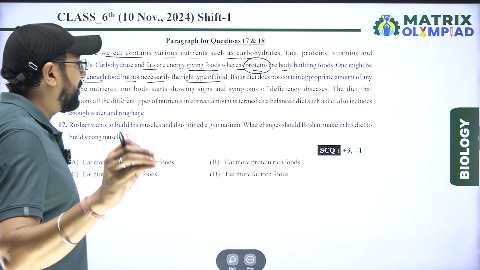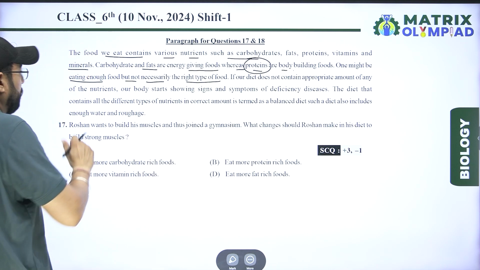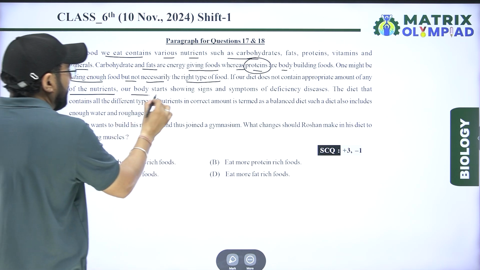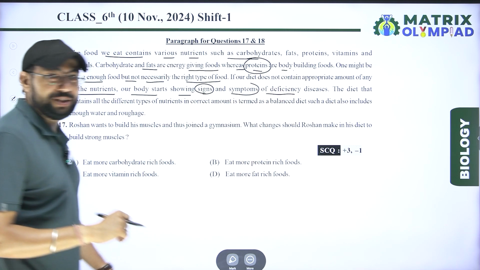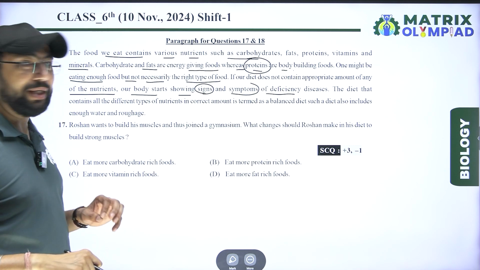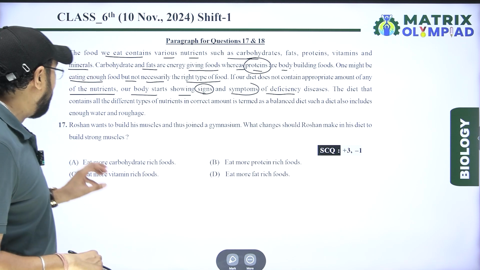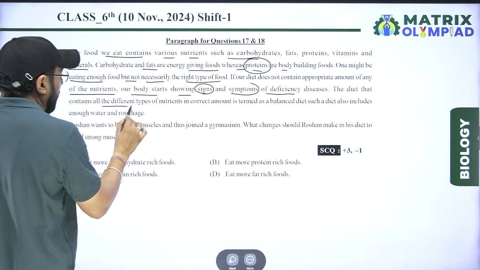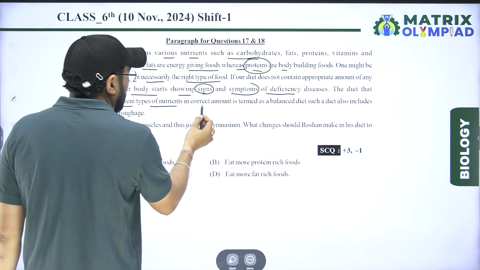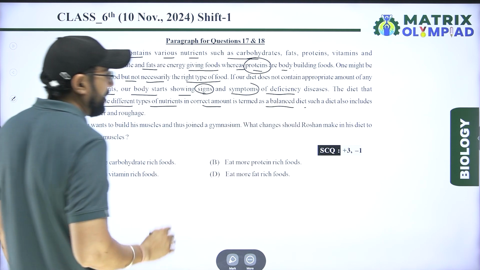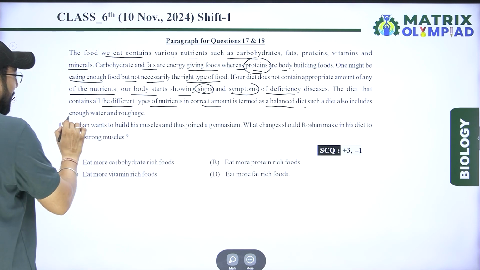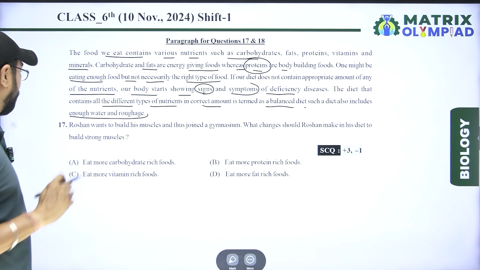If our diet does not contain the appropriate amount of any nutrient, our body starts showing signs and symptoms of deficiency. That is called deficiency disease. The diet that contains all the different types of nutrients in correct amount is termed as balanced diet. Such a diet also includes enough water and roughage.